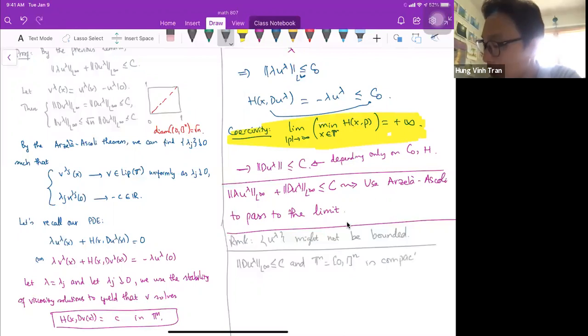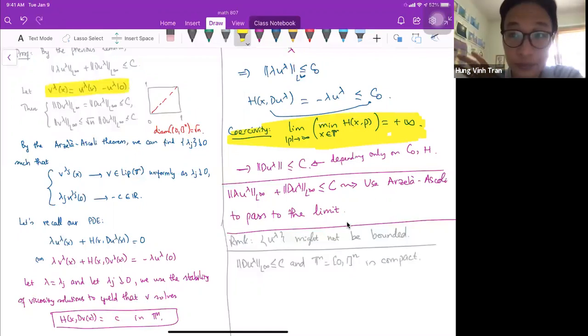So although u lambda is not bounded, I can normalize it. How do I normalize it? I just subtract the value at any fixed point, or the minimum value, whatever you want. We can just normalize it by taking v lambda equals u lambda minus u lambda of 0.